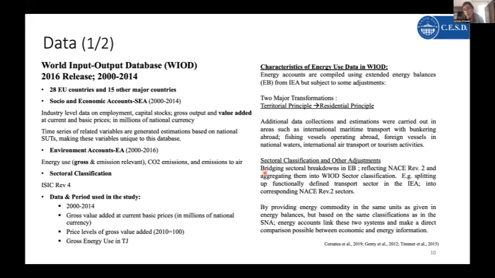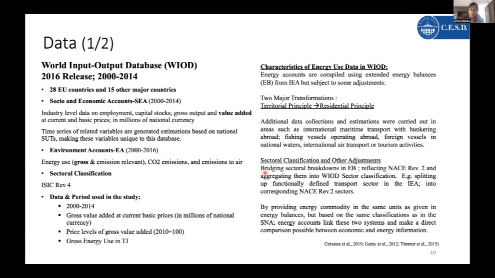The first transformation is from the territorial principle to the residential principle, which basically aligns the data set with the system of national accounts, because the system of national accounts is what all the GDP statistics are based on. So basically, the principles are the same for the energy data and the economic data.